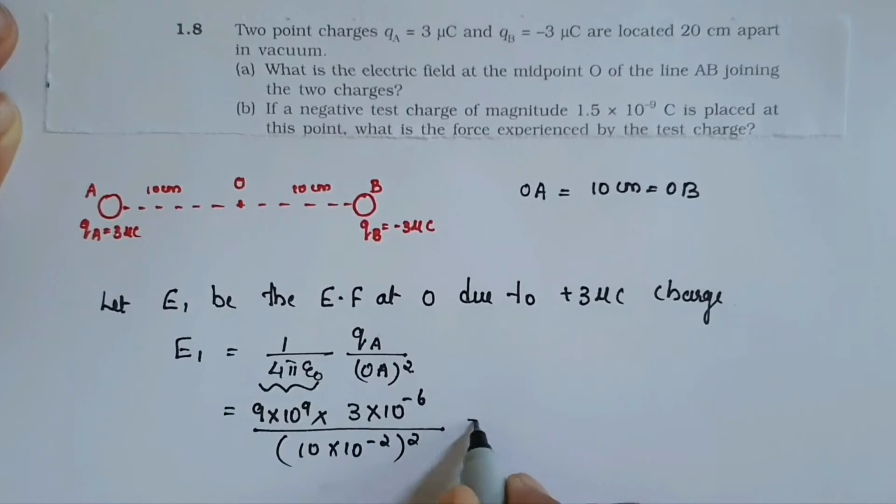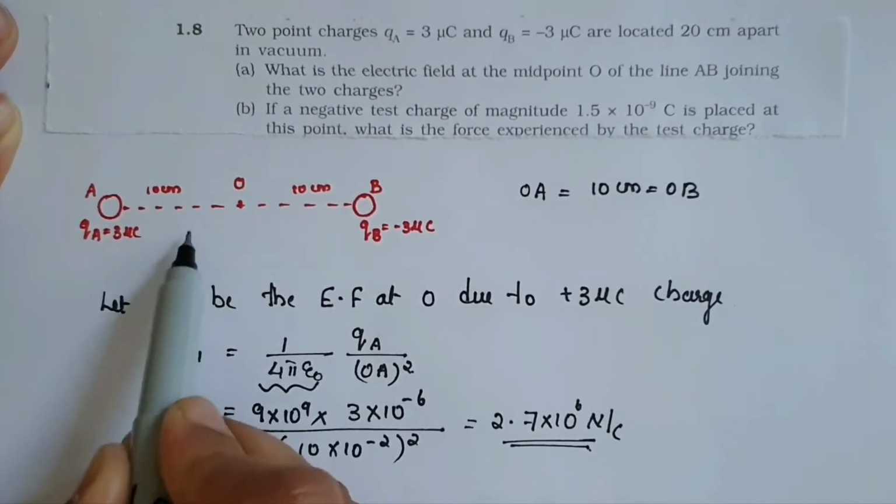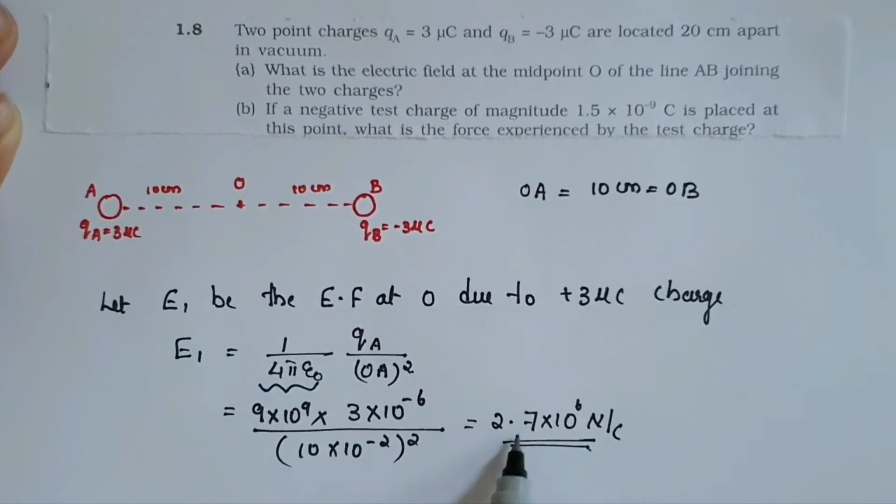This is equal to 2.7 into 10 raised to 6 Newton per Coulomb. So electric field at O due to plus 3 microcoulomb is 2.7 into 10 raised to 6 Newton per Coulomb.